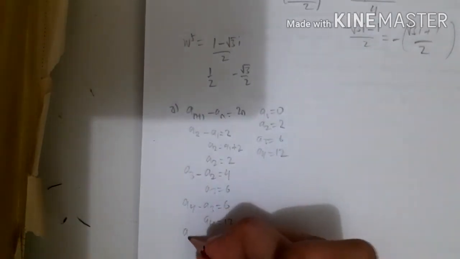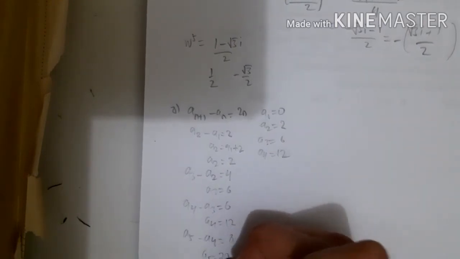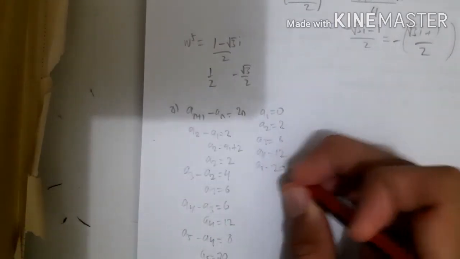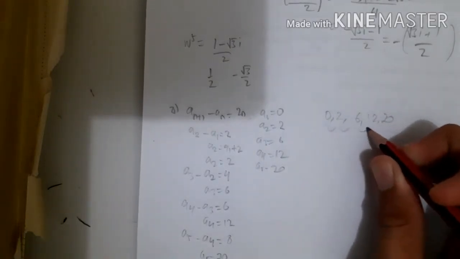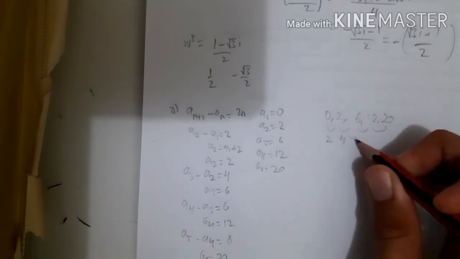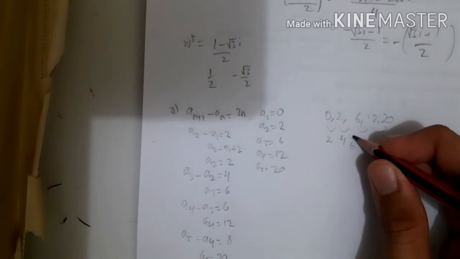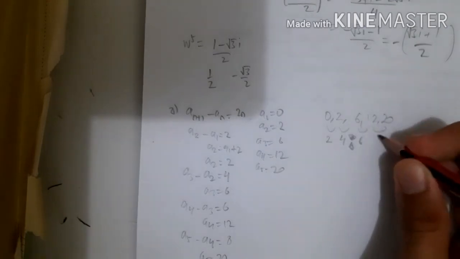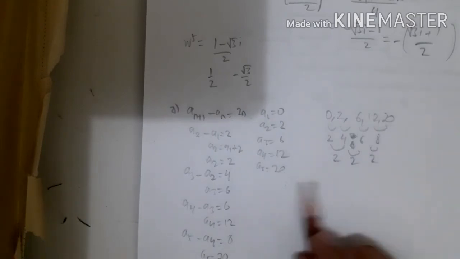And then let's find one more. a5 minus a4 equals 8, so a5 is 20. And if we put it this way, we can see that the differences are 2, 4, 6, and 8. And then the next level has the value of 2, 2, and 2.